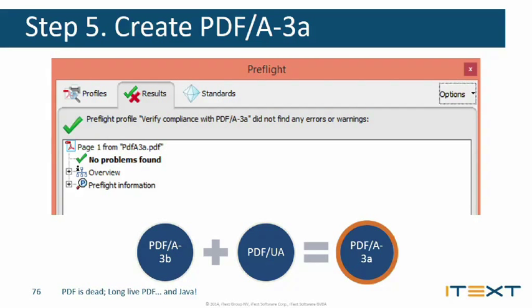Again, a pre-flight check, doing the conformance check in Acrobat, shows that we now have a file that complies to PDF A3A, so we can archive this file, have the guarantee that it will still be usable in the far future, but also have this ready for use by visually impaired users, blind users, or by software in general.